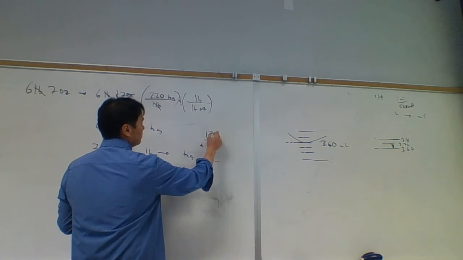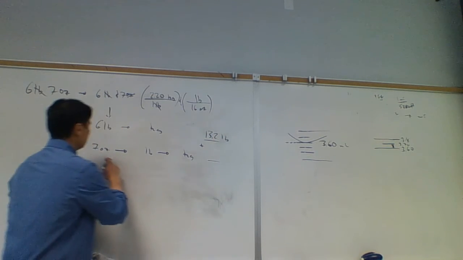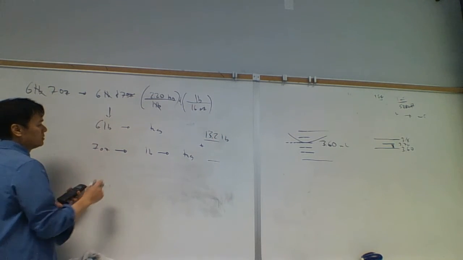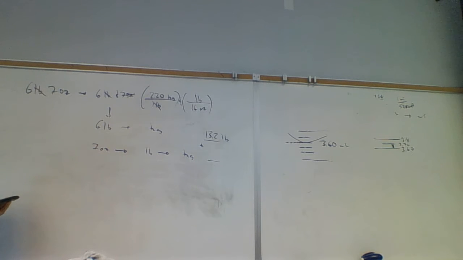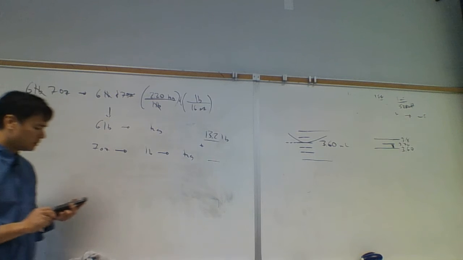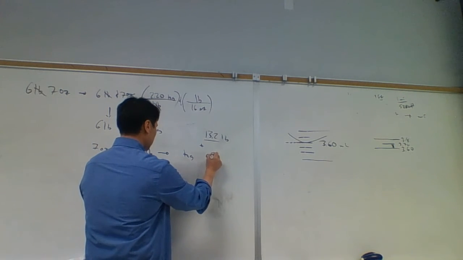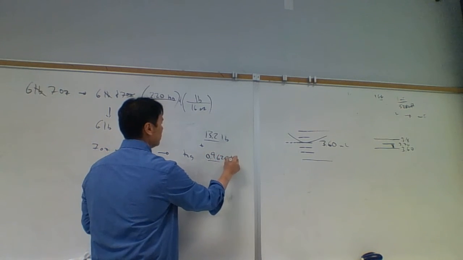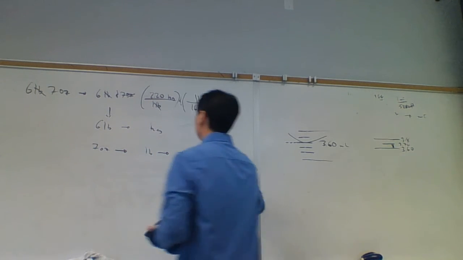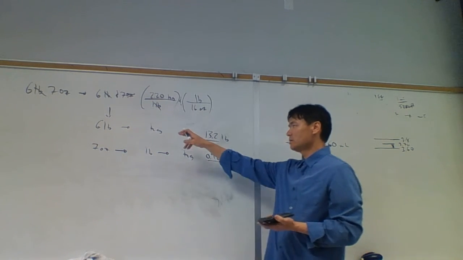So this is 13.2 kilograms. And then 7 ounces to pounds. And so 7 ounces, there's 16 ounces in a pound. And then that gives us 0.4375 pounds. And then there's 2.20 kilograms, which gives us 0.9625 kilograms.